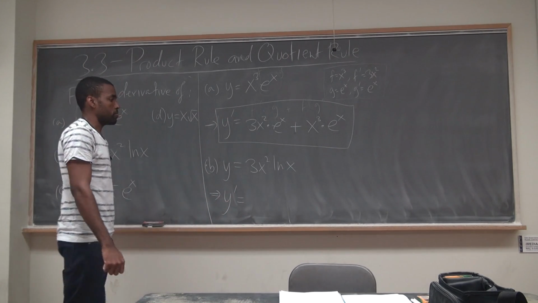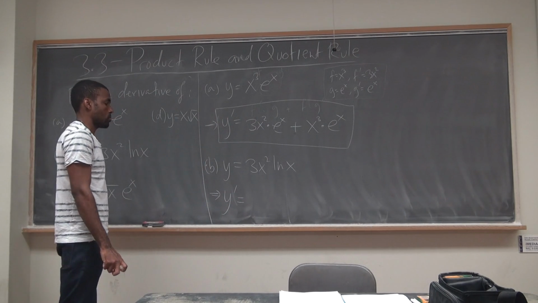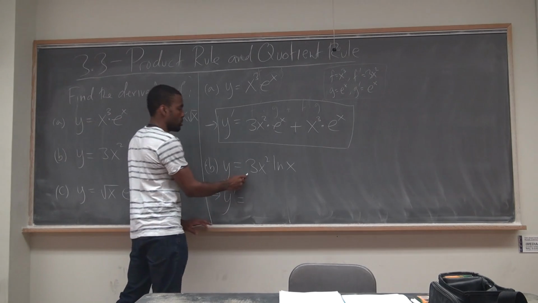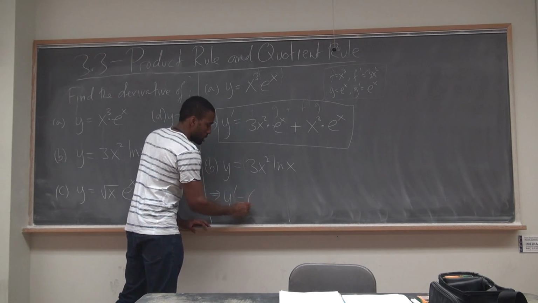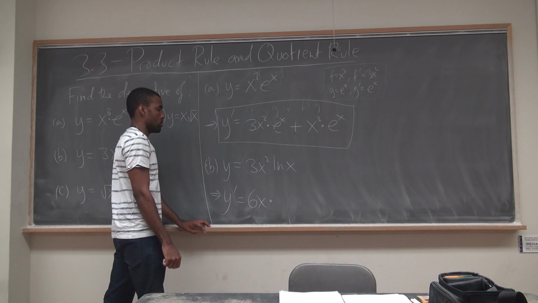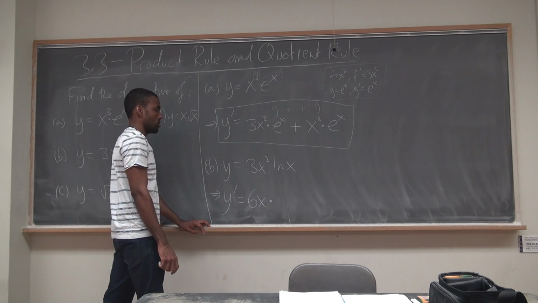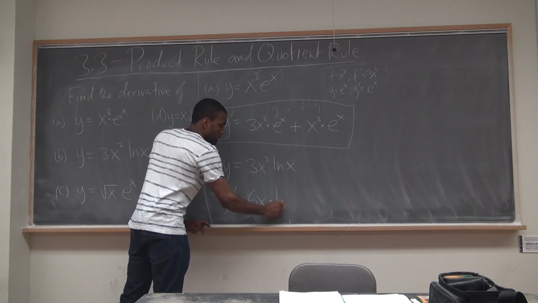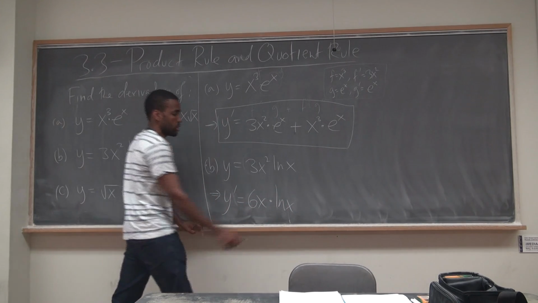What is y prime here? 6x. So you differentiate the first guy, which is 6x, times 1 over x? No, oh, no, we have to put... Oh, you put that function back, right? You differentiate one, you leave the other one alone.